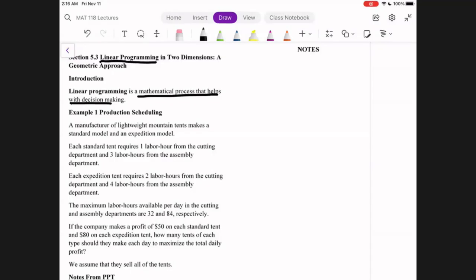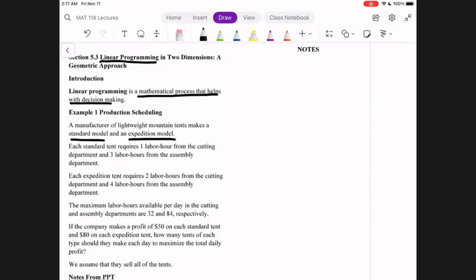Okay. So let's look at this first one here and how we can relate it to everything that we've talked about in Chapter 5. A manufacturer of lightweight mountain tents makes a standard model and an expedition model. So we have two models here. Each standard tent requires 1 hour of labor from the cutting department and 3 hours of labor from the assembly department. Each expedition tent requires 2 hours of labor from cutting, almost double the standard, but not as much as double for the assembly.